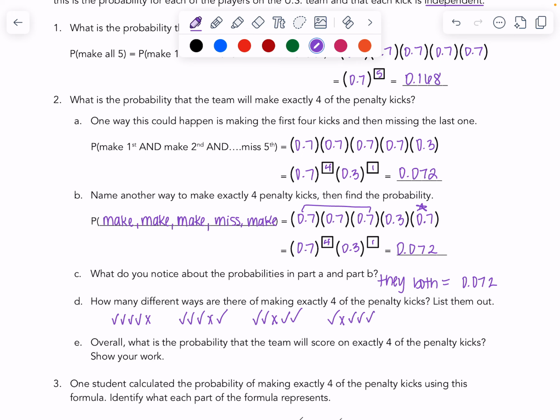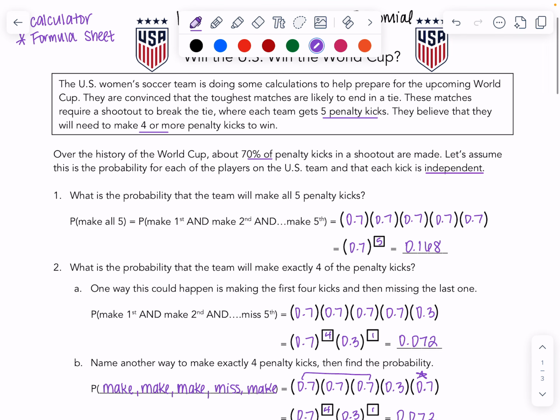Or we could have the 1st shot is a miss, but then the 2nd, 3rd, 4th, and 5th are makes. So there are 5 ways to do this. And again, this is just making exactly 4 penalty kicks, because remember, we're interested in 4 or more.